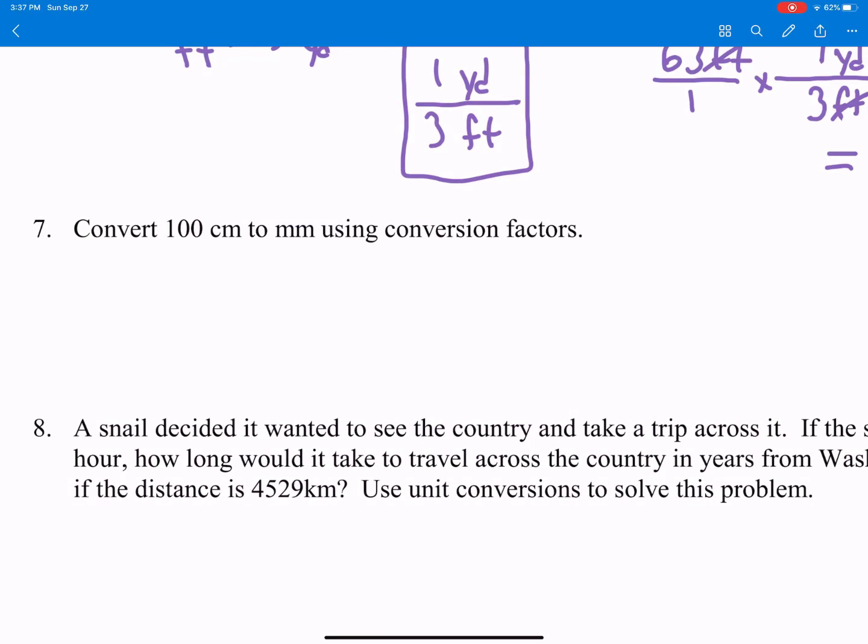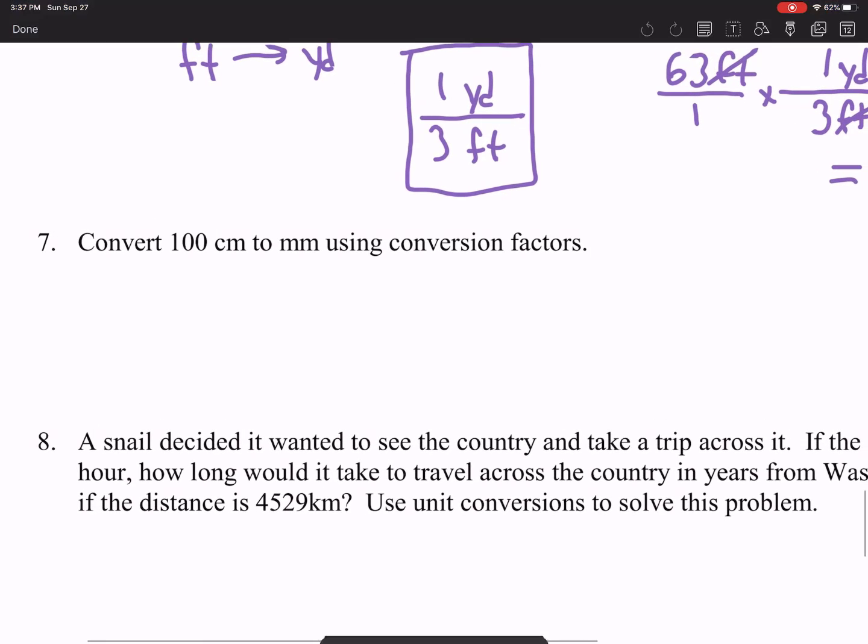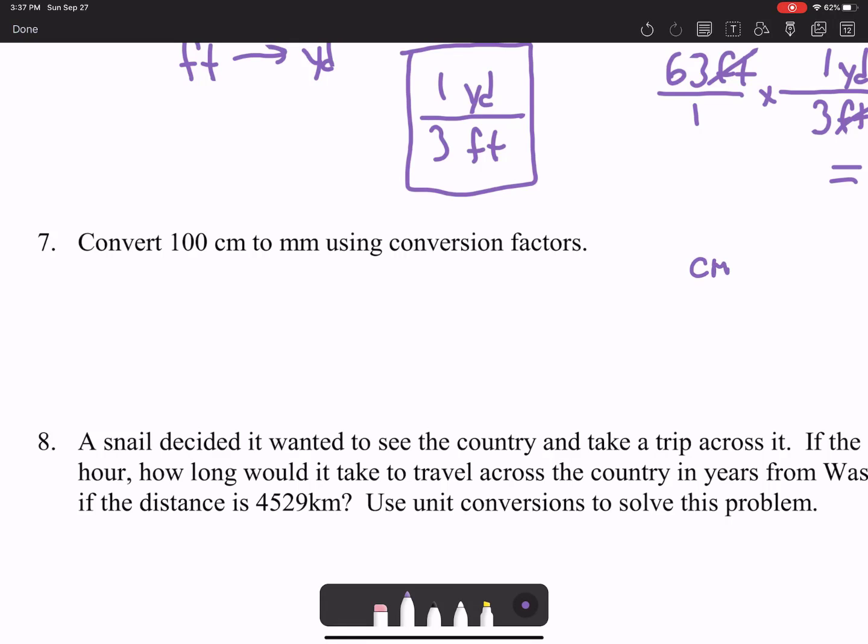Okay, to convert from 100 centimeters to millimeters, we first have to set up the conversion factor between centimeters to millimeters. And we know that means that the centimeters will be on the bottom of the conversion factor, and the millimeters will be on the top.